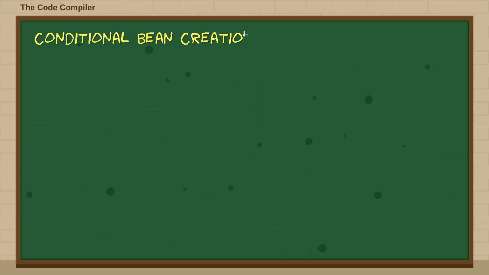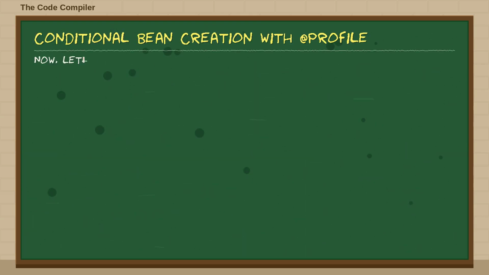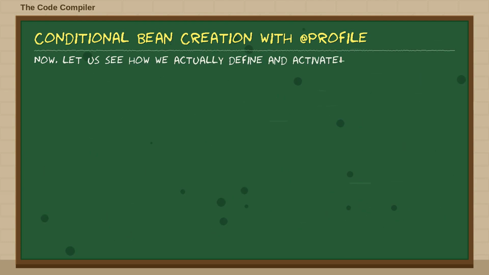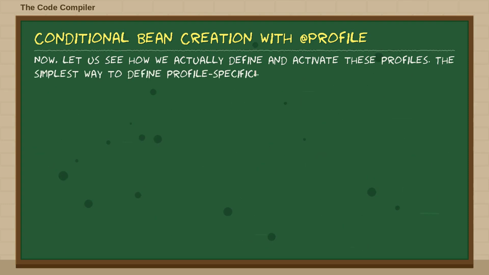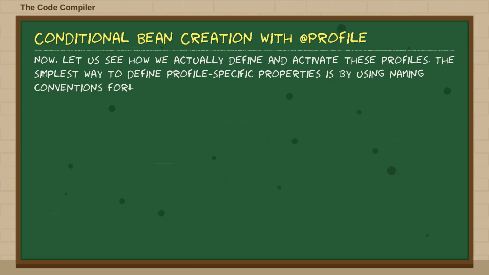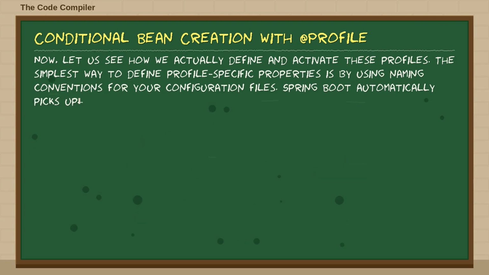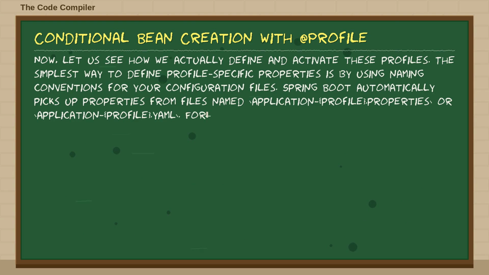Now, let us see how we actually define and activate these profiles. The simplest way to define profile-specific properties is by using naming conventions for your configuration files. Spring Boot automatically picks up properties from files named application-{profile}.properties or application-{profile}.yaml.